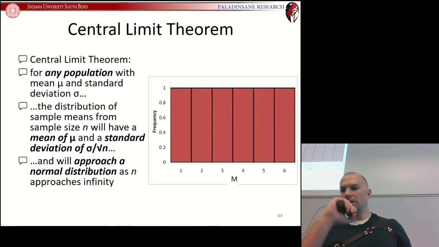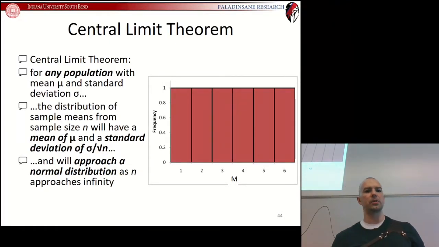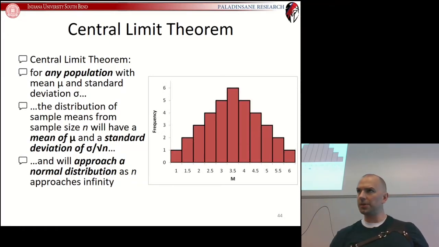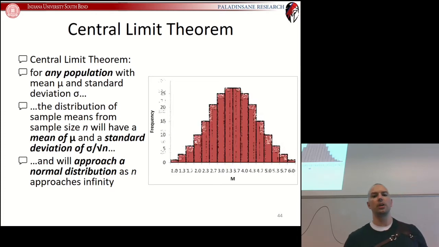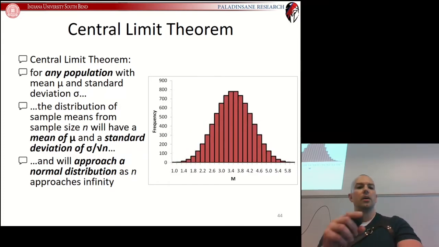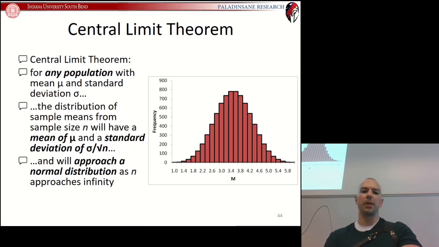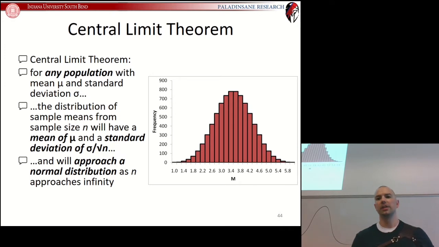All right, so to wrap it up one more time, central limit theorem, any population opens up all of the world for psychology. It's going to have a mean, it's going to have a standard deviation, and we can figure out what that distribution of sample means is going to be. It's going to have the same mean as the population mean, and it's going to have a standard deviation that's linked to the population standard deviation divided by the square root of the size of the sample, and it's going to approach a normal distribution as n approaches infinity.